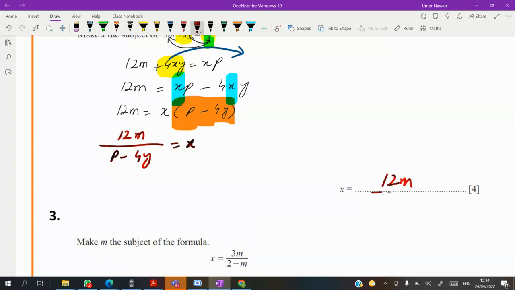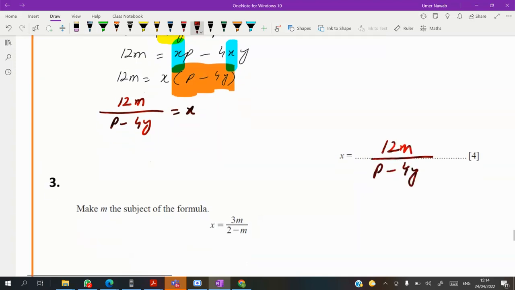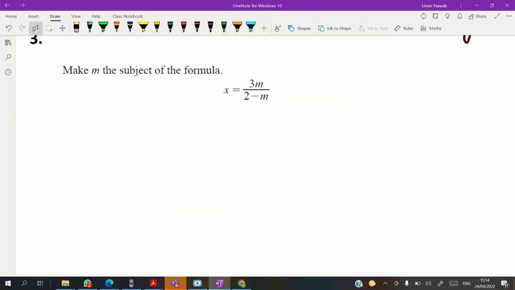Important question, guys. Do it many times. And if you have any confusion, you can let me know. Again, a fraction. So I'm going to multiply 2 minus m with x. So I will get 2x minus xm is equal to 3m. Since I want to make m the subject, I have two terms with m, one on the left and the other on the right.